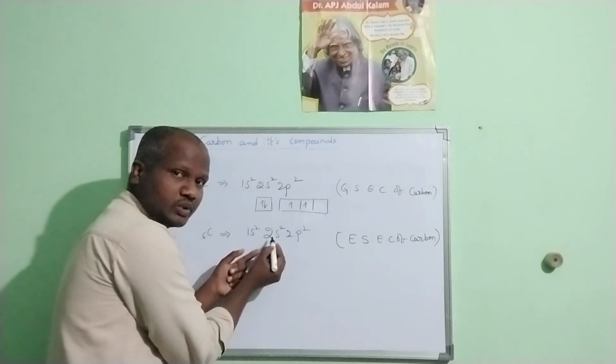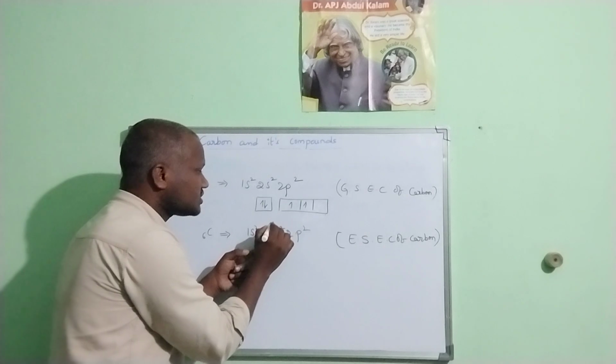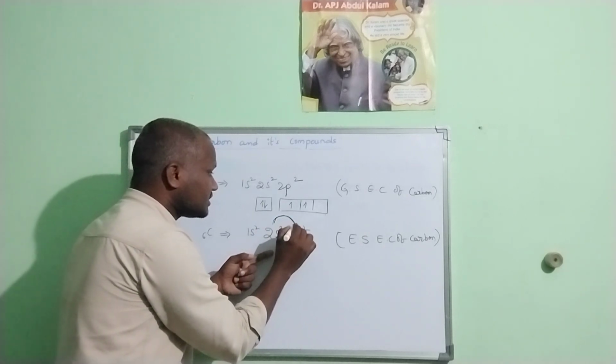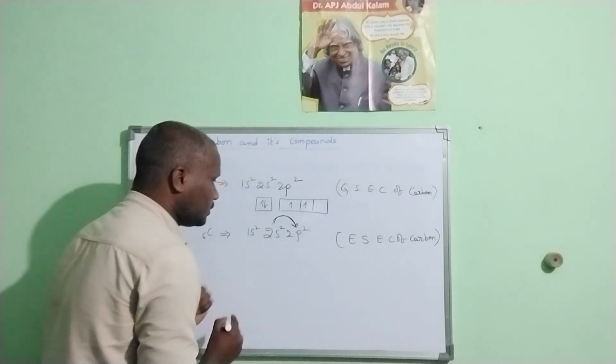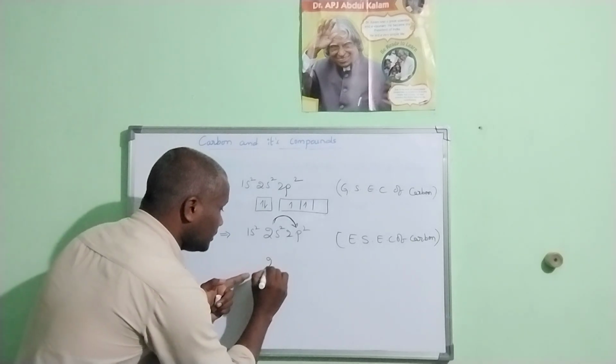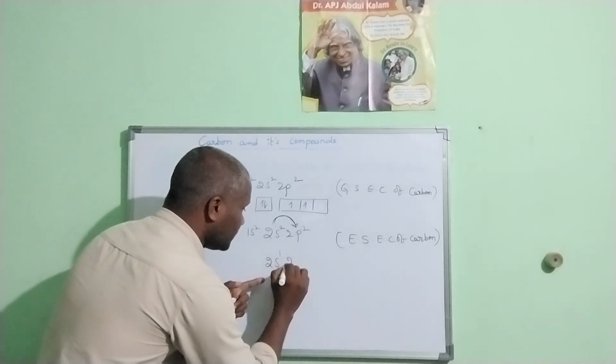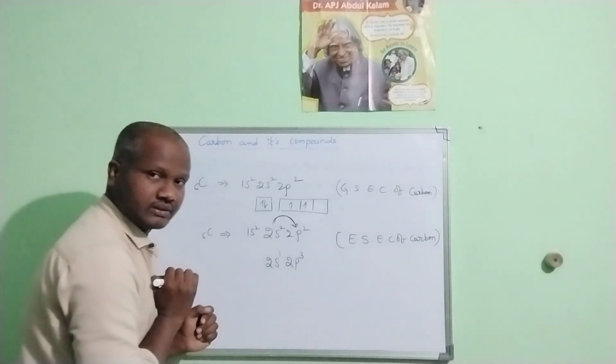One electron from 2s2 jumps from 2s to 2p, so it becomes 2s1, 2p3.